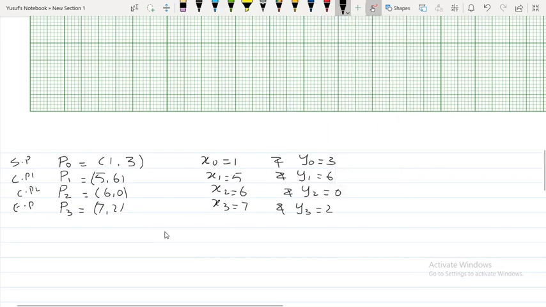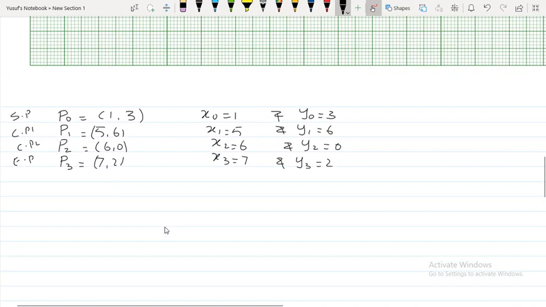So first I will write the equation of the curve. Here we have two control points, so the value of n will be 2 plus 1. So the equation P(u) will be equal to summation i from 0 to 3.